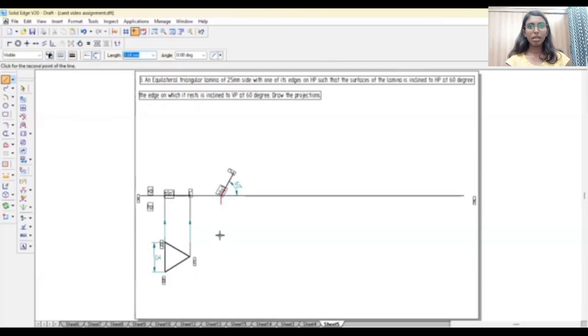Now let's name A, B, C. Now let's take angle between smart view and measure the angle. It is 25 degree. Take the thickness of 0.5 mm and draw from one point to another point.